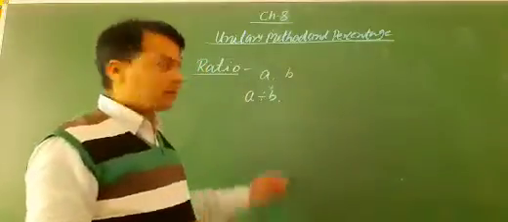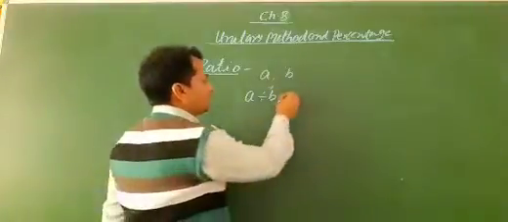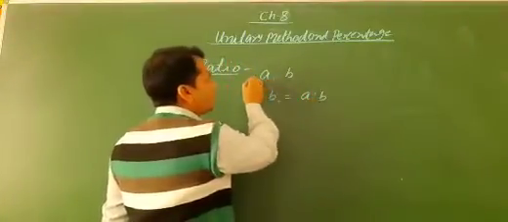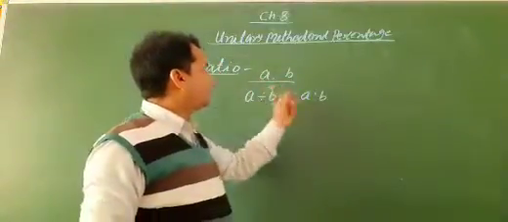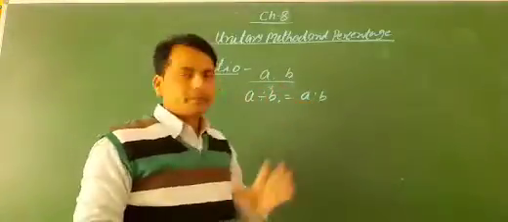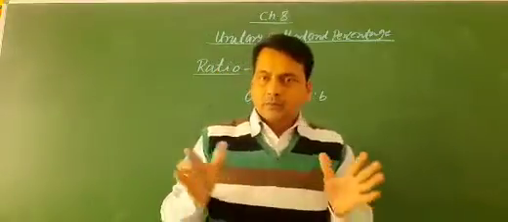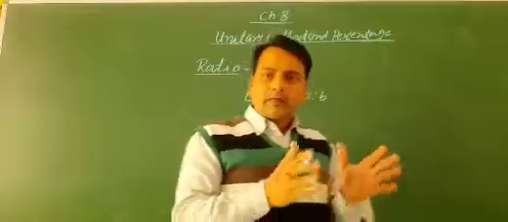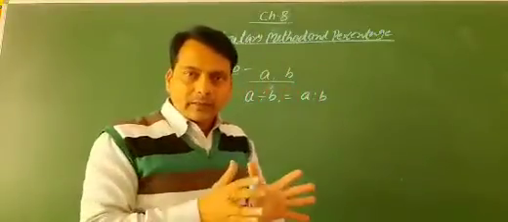Then in terms of ratio we can write a is to b. So it is clear that ratio means the comparison between two quantities by dividing one quantity by another quantity, that is called the ratio.